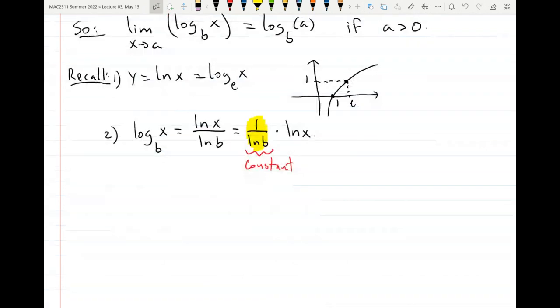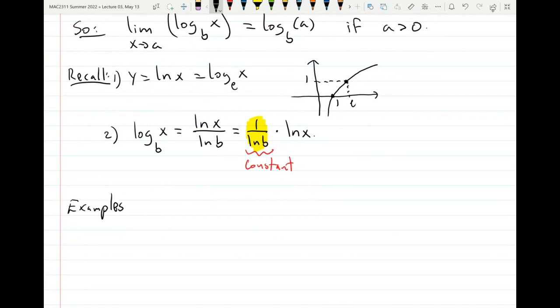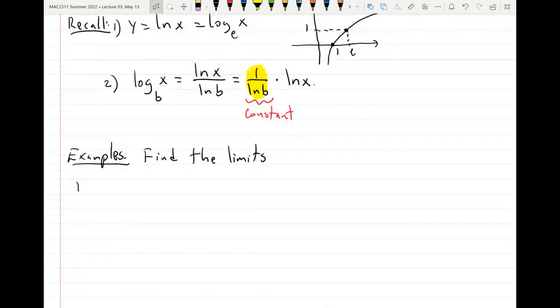So let's go ahead and do some examples now. So let's find the following limits. Number one, the limit as x approaches 0 of the tangent function.